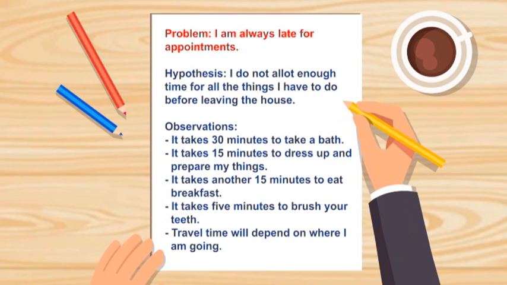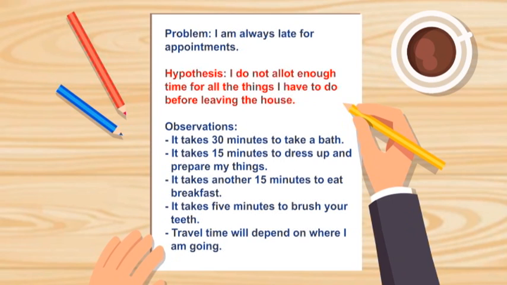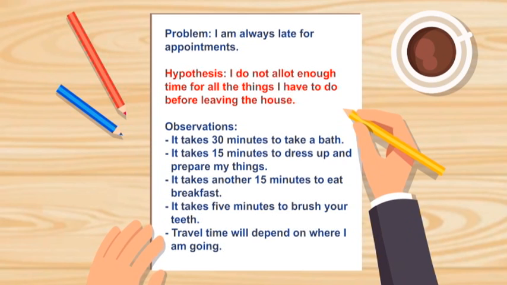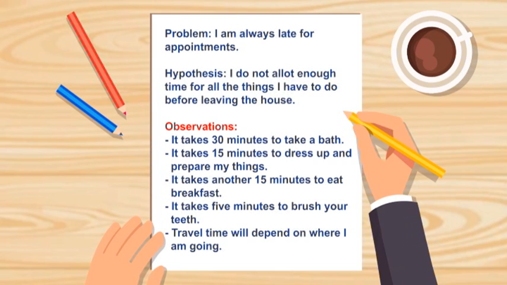Our problem for this example is being late for appointments. What would be our hypothesis? That's right. Our hypothesis is that we do not allot enough time for the things we need to do before leaving home. Now, let's go through the data we can gather.